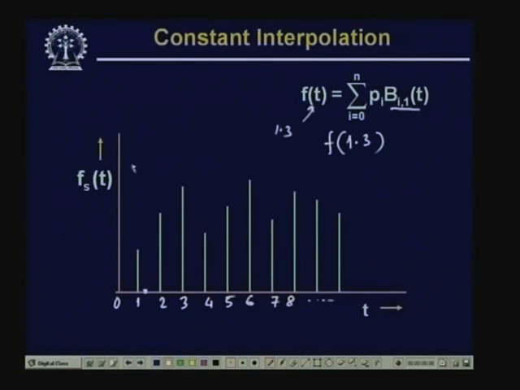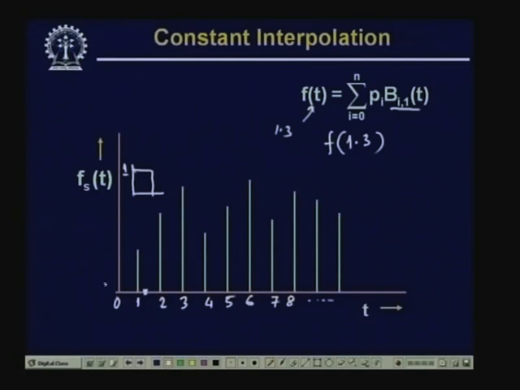In between 1 and 2, this b_1,1 is constant and equal to 1. So the value at this point will be p_1, that is f_1, multiplied by b_1,1 at t equal to 1.3, which is equal to 1. And this b_1,1 is equal to 1 for all values of t from t equal to 1 to t equal to 2, but excluding t equal to 2.